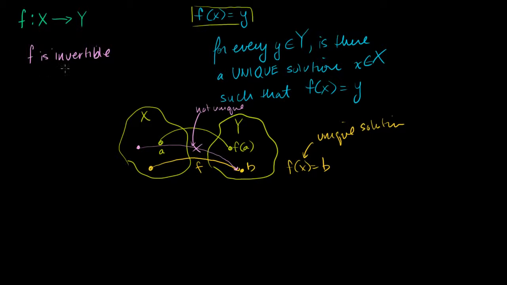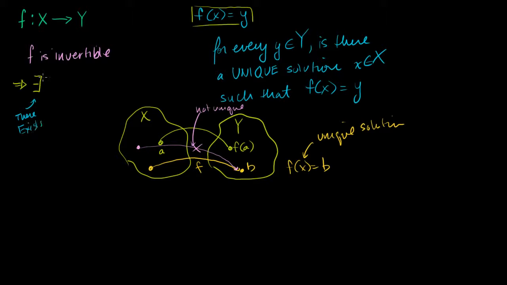By definition, f is invertible implies that there exists, and this little backward-looking 3-looking thing means there exists. I think it's nice to be exposed sometimes to the mathy notation.